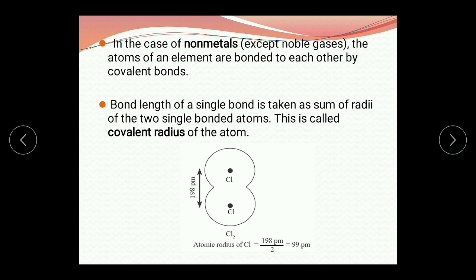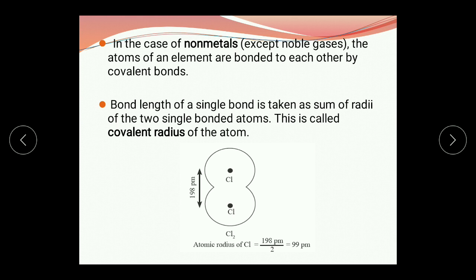Now, in the case of chlorine, it exists as Cl2, or the chlorine molecule. The two chlorine atoms are bonded to each other by a covalent bond. Then what will be the atomic radius of chlorine? It is the internuclear distance divided by 2. Here 2 atoms are there, hence we divide by 2, and that gives us 99 picometer.